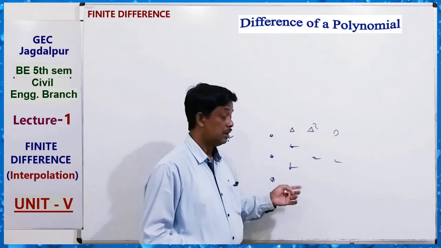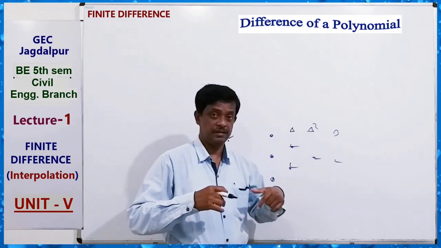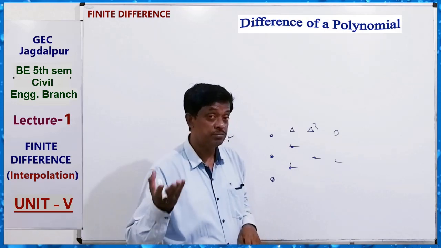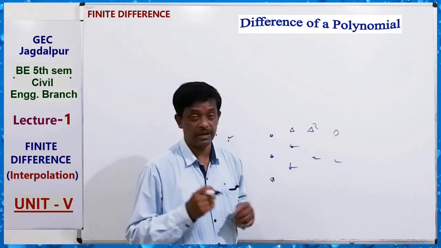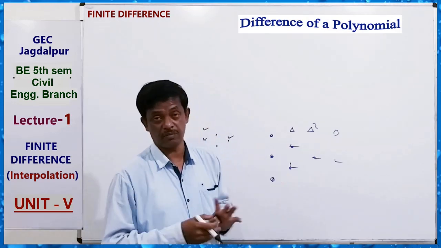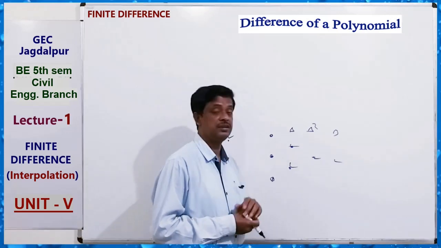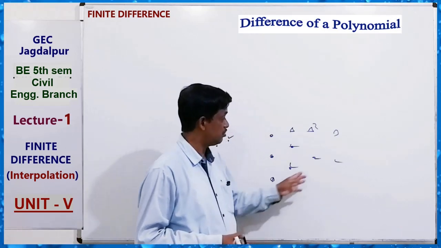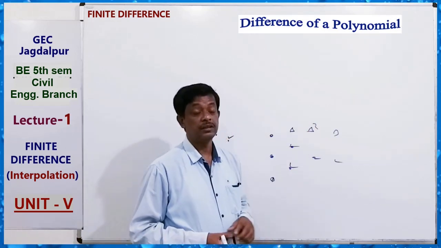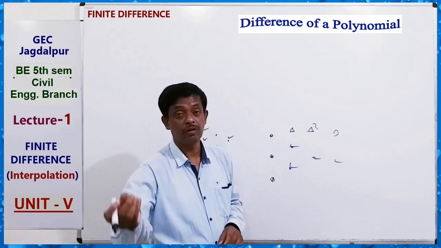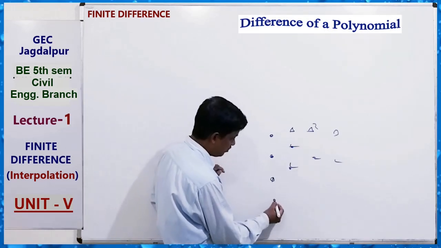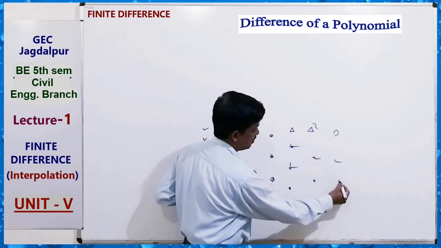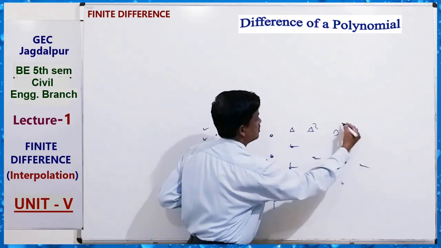So here we see that if we are given 3 arguments, then the second difference is constant. That is, if we are given 3 entries, then we can approximate the function as a second degree polynomial. If we are given 4 entries, then this first difference, this second difference, this third difference, and the fourth are 0.